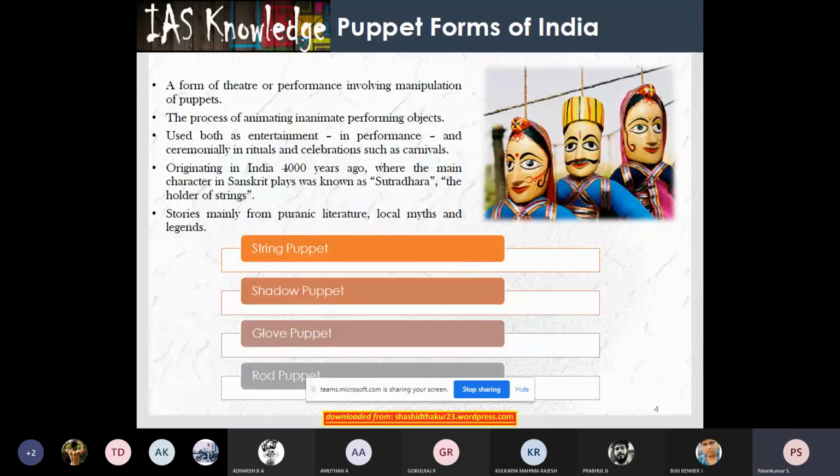Imagine 100 years before, there was no lighting system, no sound system, no echoing system. Without that, they were able to transfer the knowledge of our great epics like Ramayana and Mahabharata from generation to generation.